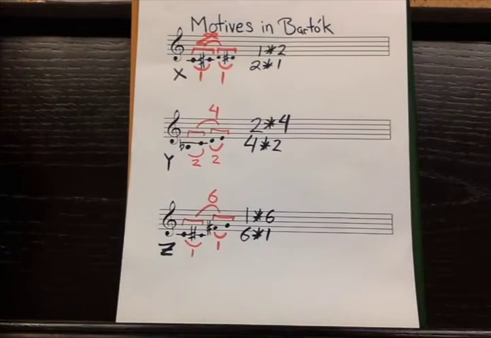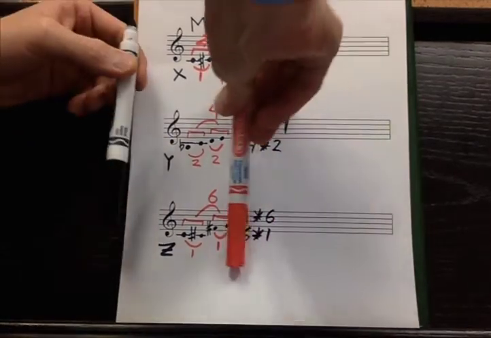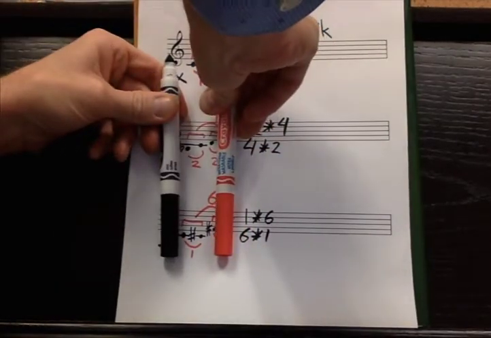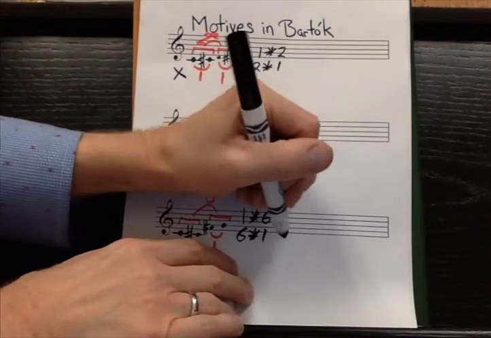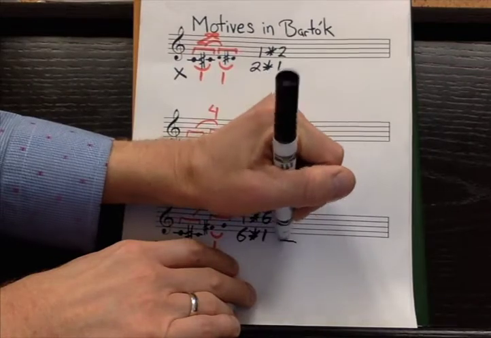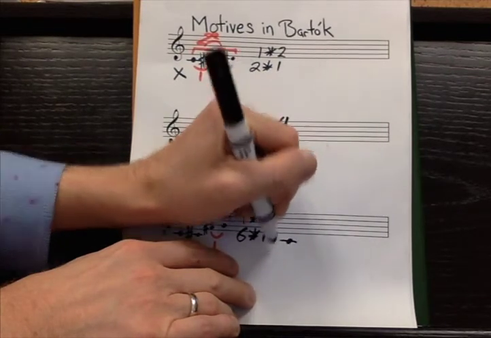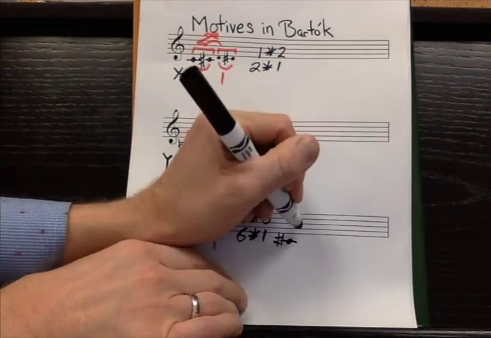This Z motive is kind of special because you can also rewrite it using a different interval. And we can do that if we look at the middle two notes. I'll cover them with my marker here, part of my arm. If we focus on the C sharp and F sharp, and then focus on the G and C. So if I rewrite this, starting with C sharp and F sharp, there we go.